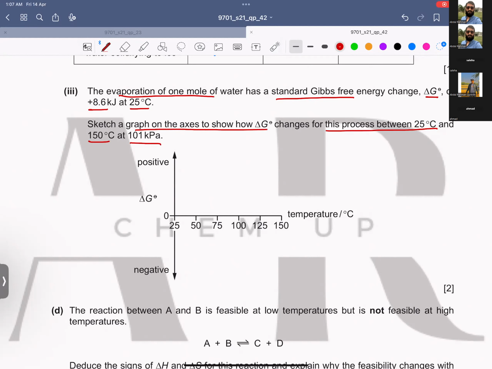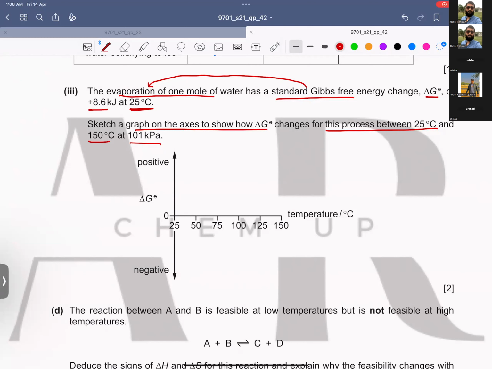So think, we are talking about the standard Gibbs free energy for which process? Evaporation of water. So, for example, if the temperature is not 25 degrees Celsius, but it's 100 degrees Celsius, then does the evaporation occur readily or with difficulty? Readily, it would be easy.